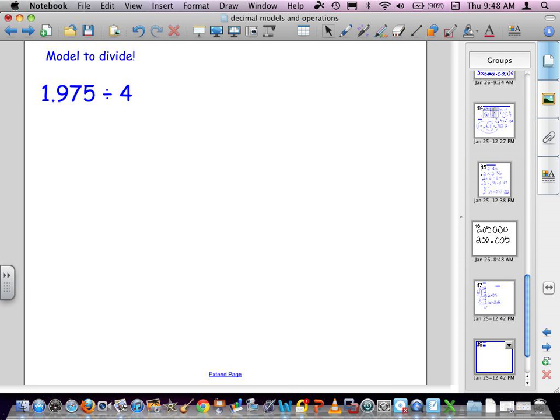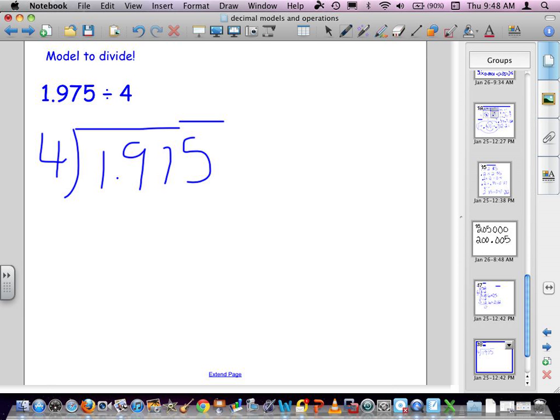So let's use the strategy we just did. I'm going to try and get close to something by multiplying 4 by something. What would you like to multiply 4 by? 0.4.